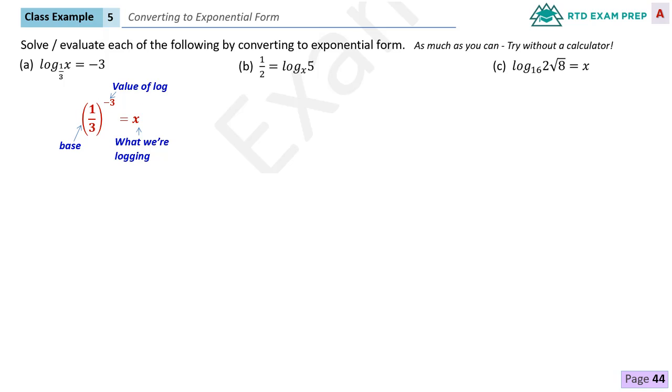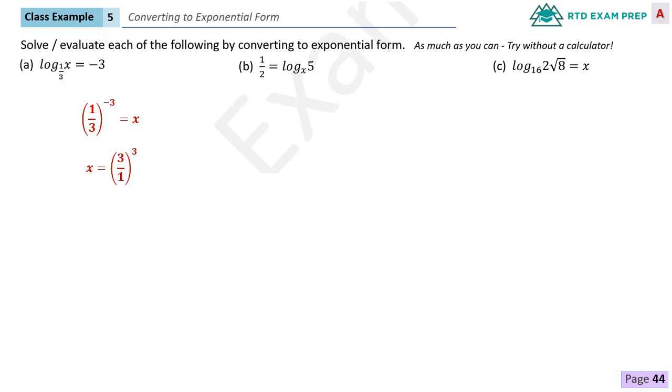So in the case of log base 1/3 of x equal to -3, the 1/3 becomes the base of the exponent. The -3, the answer to the logarithm, becomes the exponent, and the argument, that x, becomes the output.